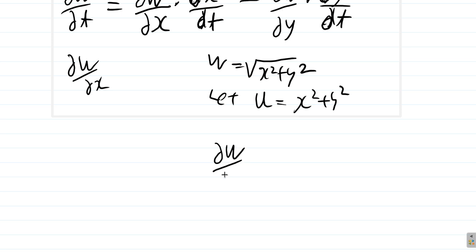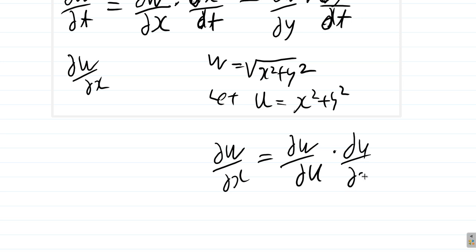Partial w by partial x is equal to partial w by partial u times partial u by partial x.